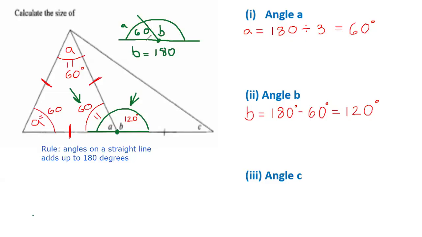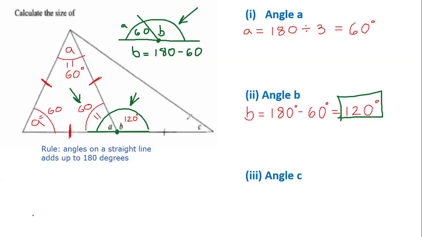So if you already know that this full thing is 180 degrees, all you need to do is subtract 180 degrees and 60, because we're trying to find out what this part is. So we do 180 degrees minus 60. What does that give us? 120. Does that make a little bit more sense? Good. So make sure you use that rule. All right, so 120 degrees is what we get.